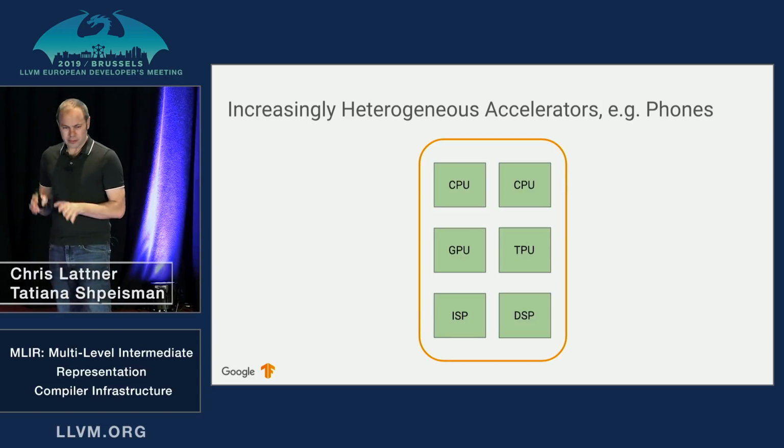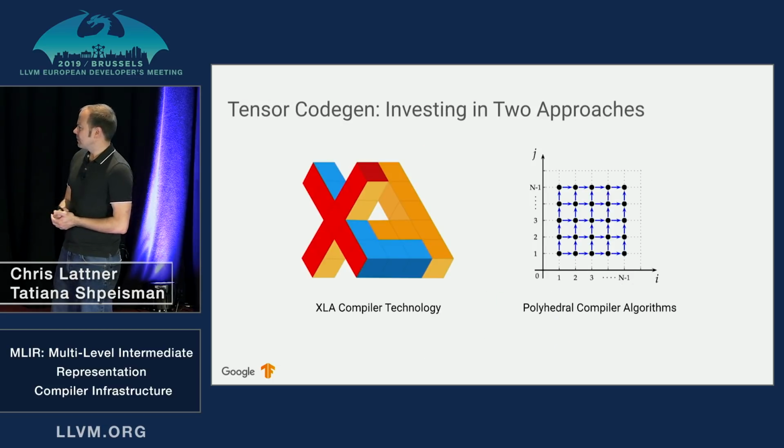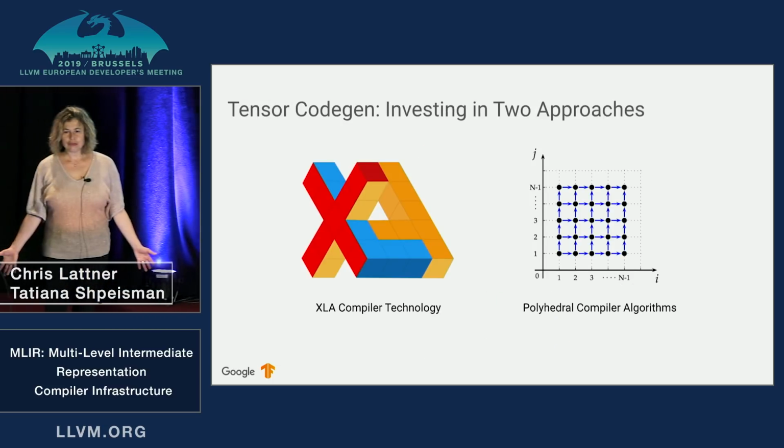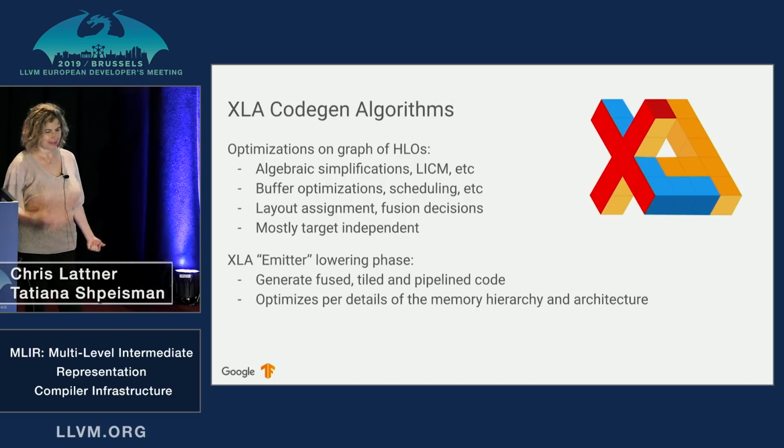In TensorFlow right now, its general design is really well set out to handle heterogeneous compute. And so we need really powerful code generation to handle all possible heterogeneous accelerators which we can think about. We are investing in two approaches, XLA and Polyhedral. Yep, so we'll talk about each of these.